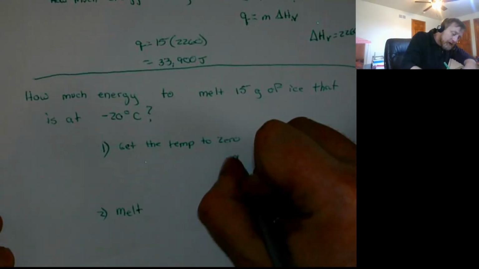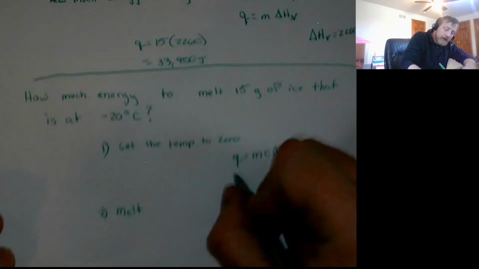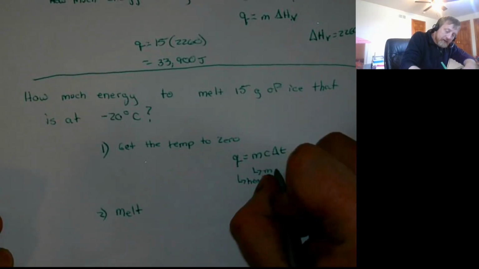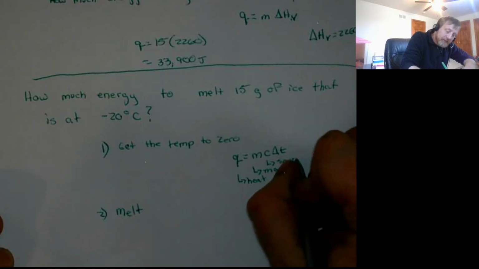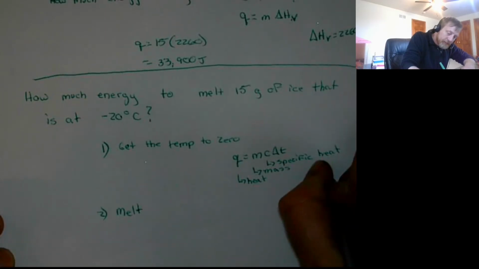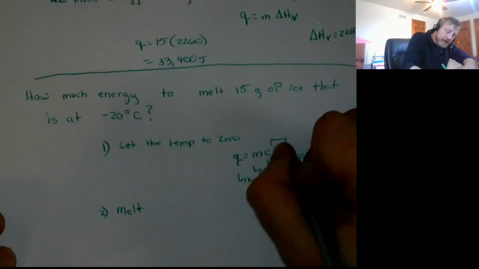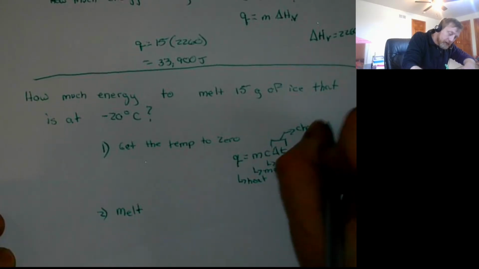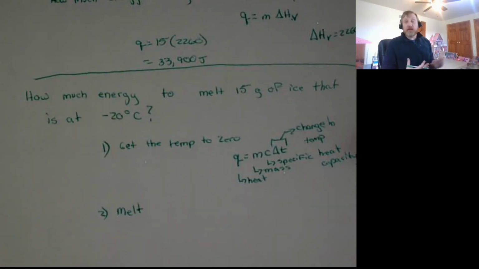Our formula, to refresh our memories, is Q equals MC delta T, where Q is the heat, M is the mass, C is that specific heat capacity that's different for every substance and will typically be given to you, and delta T is the change in temperature. Okay, so we've got all these things for this problem.